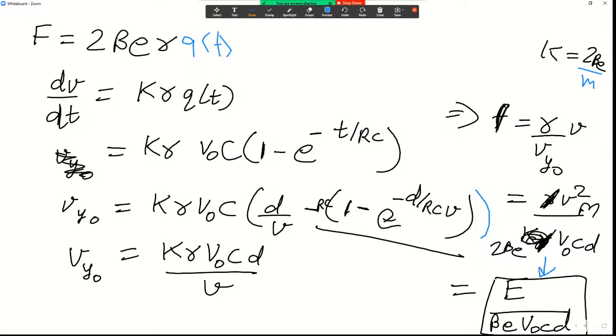Wait, did we add the charging and discharging charge? No, we have done only charging and we neglected one of the terms in that. Oh, maybe it gets cancelled out if we do both. Okay, so let us try discharging also.